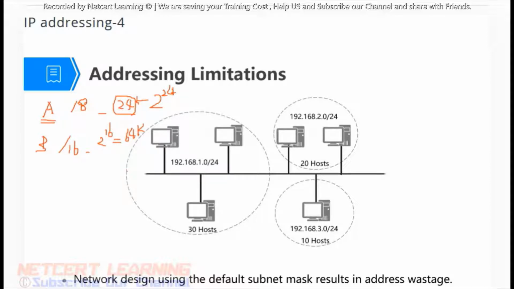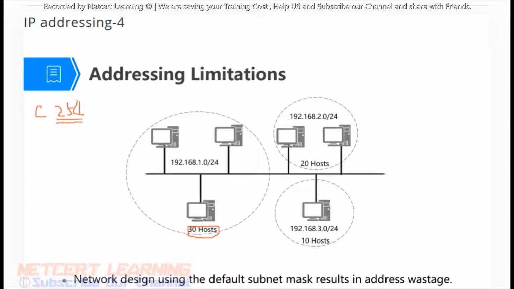So this is the example: one network contains 30 hosts. Of course the smallest one, class C, can contain 254 hosts. That's still too many IP addresses.